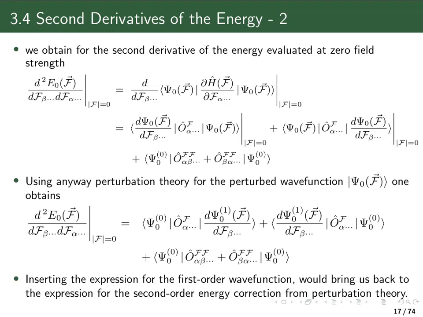So here we only have these first order operators, and here in the expectation value of the second derivative of the Hamiltonian, now we don't have the field-dependent perturbed wave function anymore, but just the unperturbed wave function because we evaluate at zero field strength.